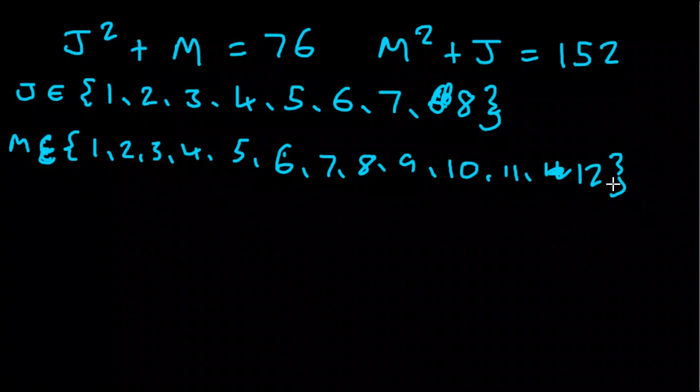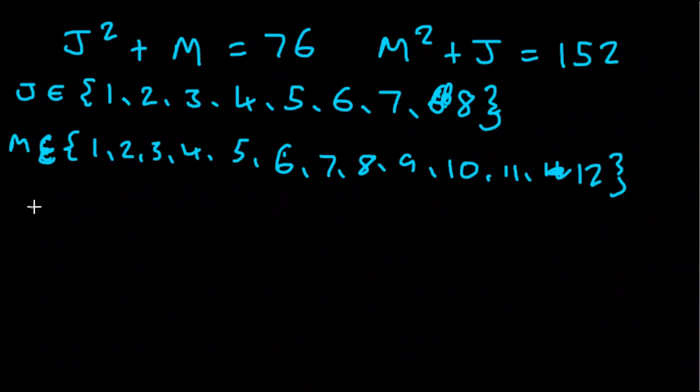Looking at this, if we take M squared to be any of the small ones, for example 5, there's no number big enough in the set of possible J's such that M squared plus J is equal to 152. So we're going to start from the large end, because we're looking at one of these values, if indeed any of them work.